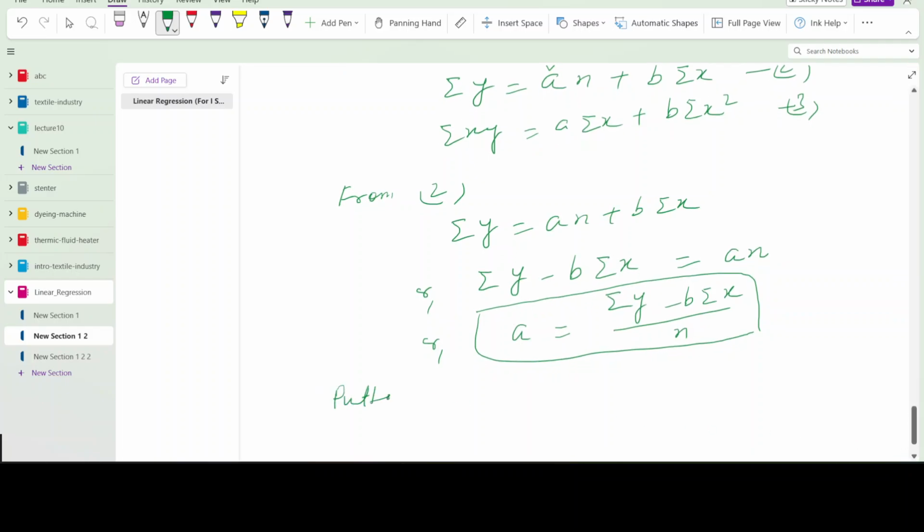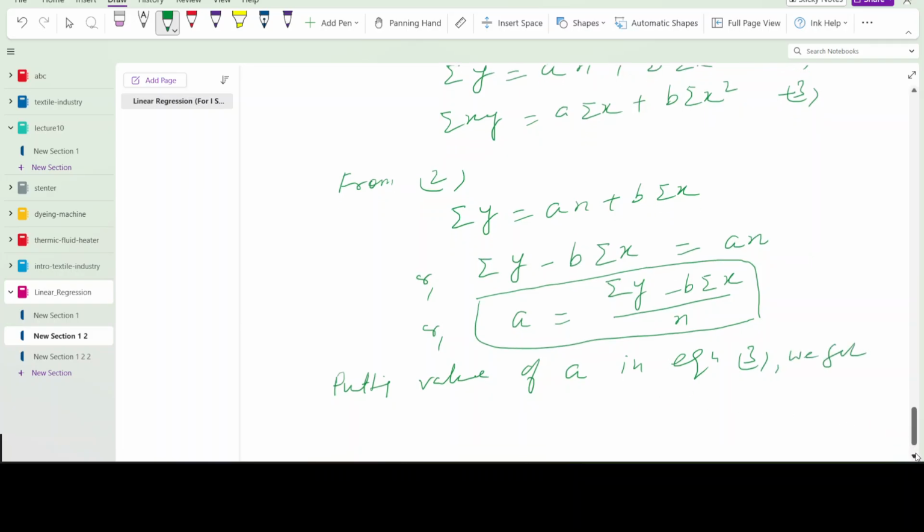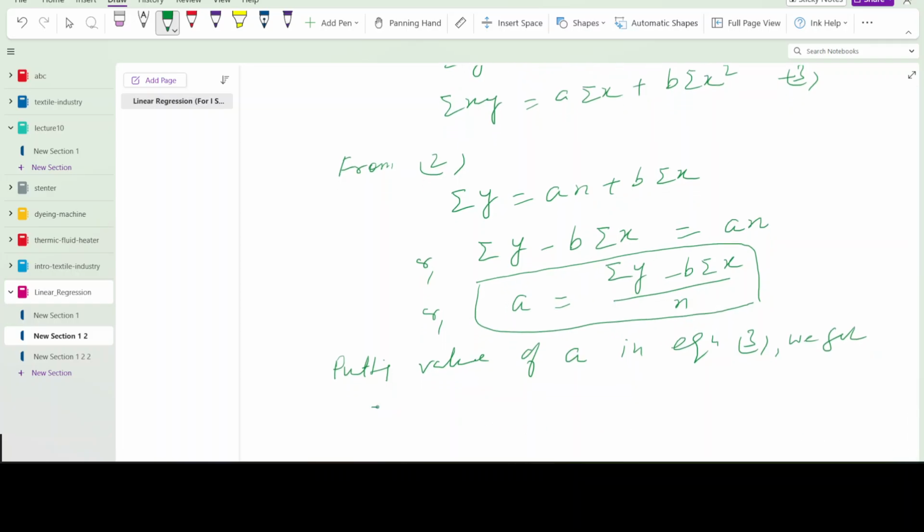Putting the value of a in equation 3, we get sigma xy is equal to sigma y minus b sigma x divided by n, and again it is multiplied by sigma x plus b sigma x square.